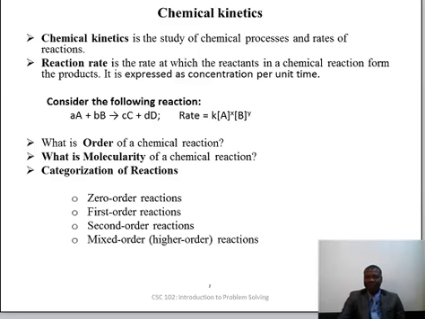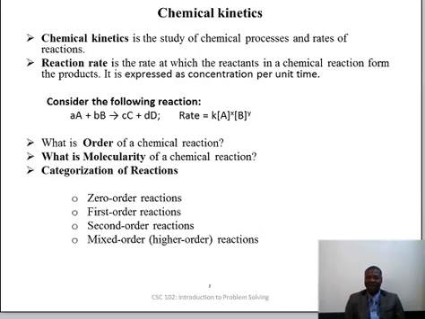While for the second order reaction, this can happen if one reactant is consumed at a rate proportional to the square of the reactant concentration. That is, rate is equal to k multiplied by the concentration of A raised to power 2. Or both reactants are consumed linearly over time.